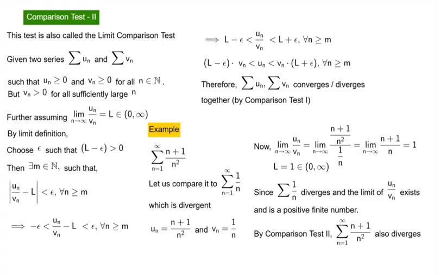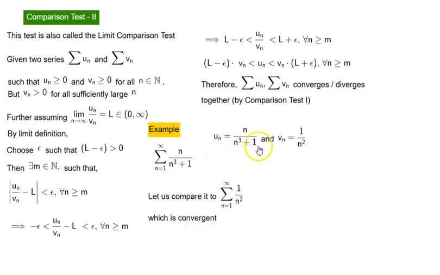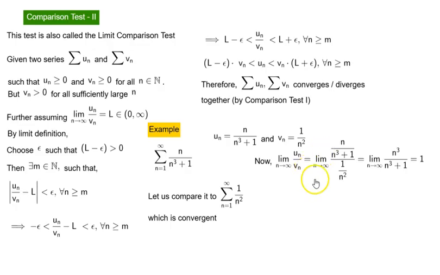Let's look at another example. Now we have a series n by n cube plus 1. Let us compare it to the series 1 by n square, which we know is convergent. So u sub n is equal to n by n cube plus 1 and v sub n is equal to 1 by n square. Now let's take the limit of the ratio. The limit as n goes to infinity of u sub n by v sub n is equal to the limit of n by n cube plus 1 divided by 1 by n square, which is equal to the limit of n cube by n cube plus 1, which is equal to 1.